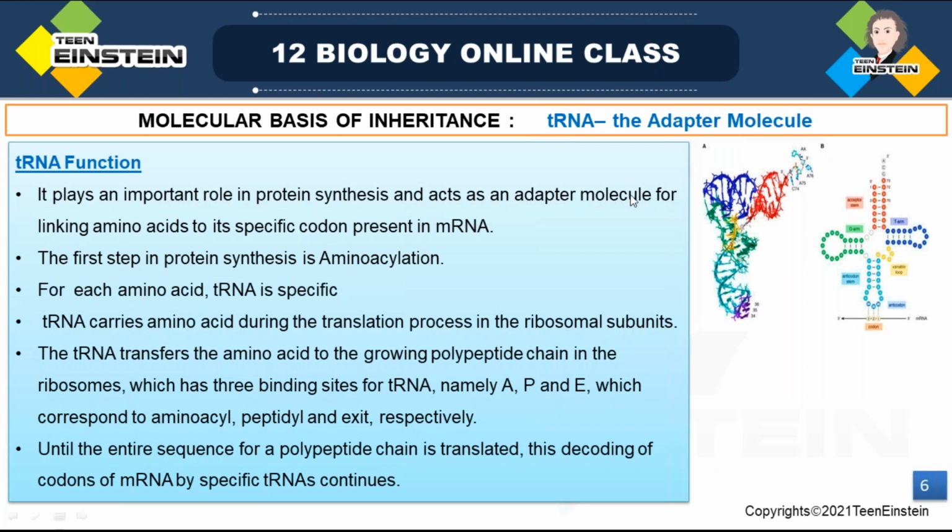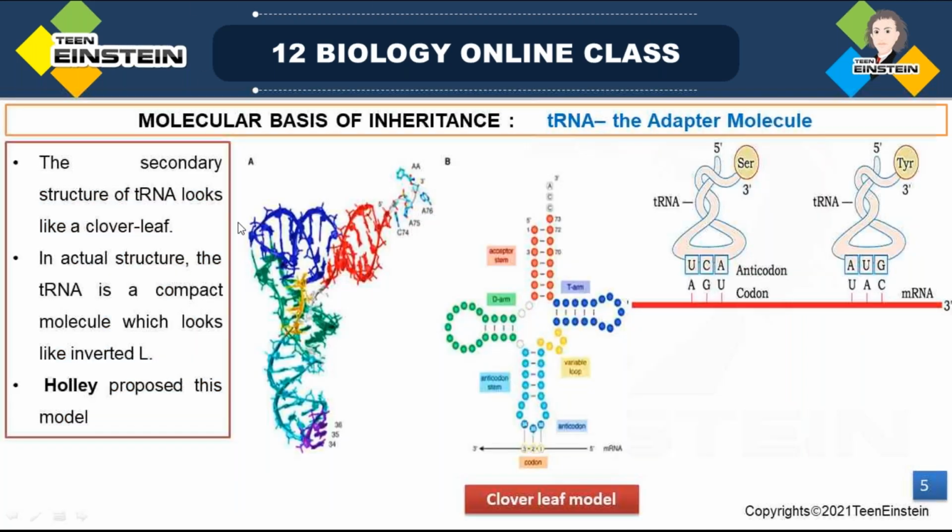See here, we learned about this from this picture. It's very clear. So how is tRNA working? It acts as an adapter molecule for linking the amino acid to the specific codon present on the mRNA. Here this mRNA is present, and on it the specific codon is present. So this tRNA links a specific amino acid to the codon present on the mRNA.